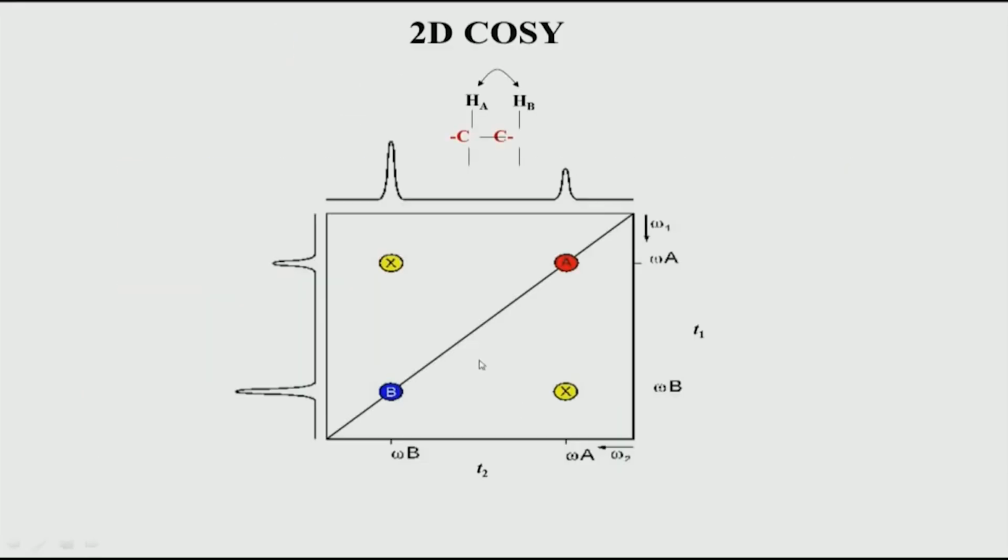So, in a 2D, although we do not show it like this, I am showing only a circle here because I am trying to explain qualitatively, in reality you will actually get a doublet here for A, if it is coupled to B, and similarly on this side B also will show a doublet to A. Similarly, in this horizontal dimension, here also it will have a doublet and here also it will have a doublet.